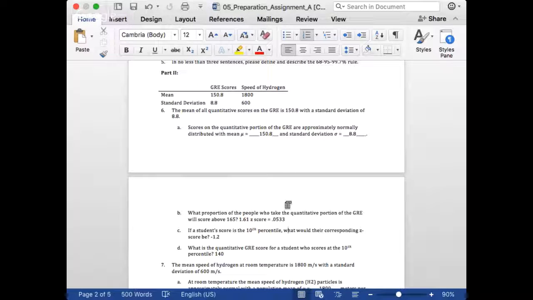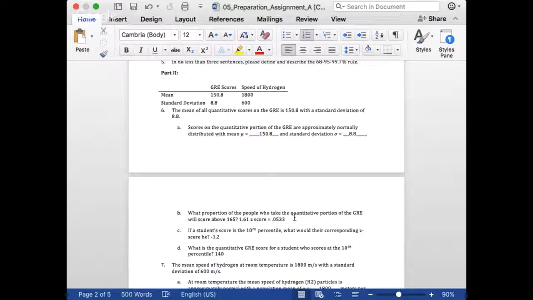Then to get the proportion probability, you take the z-score into the applet they gave you on the link in the announcements. Do you put it in the left box or the right box? You put it in the right one because it's going to be positive.